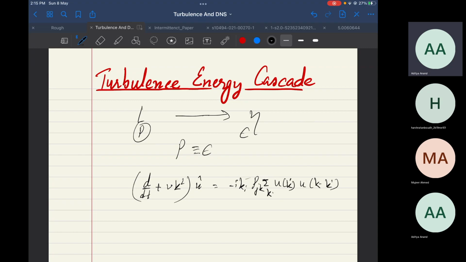Okay, if you multiply this equation with u prime again, you'll get an equation for energy, which has a transfer function to it.